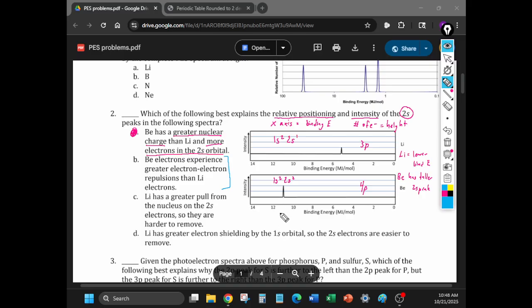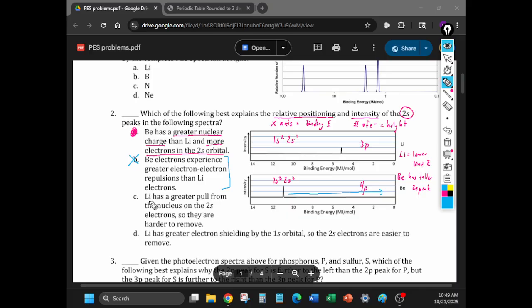If there's more repulsion, is it easier or harder to take out? It's easier. That means that if this was correct, beryllium's peak should be more to the right than lithium's. This answer is basically saying beryllium's electrons should be easier to take out because there is more repulsion. So that's why this answer can't work. It contradicts what we see in the data.